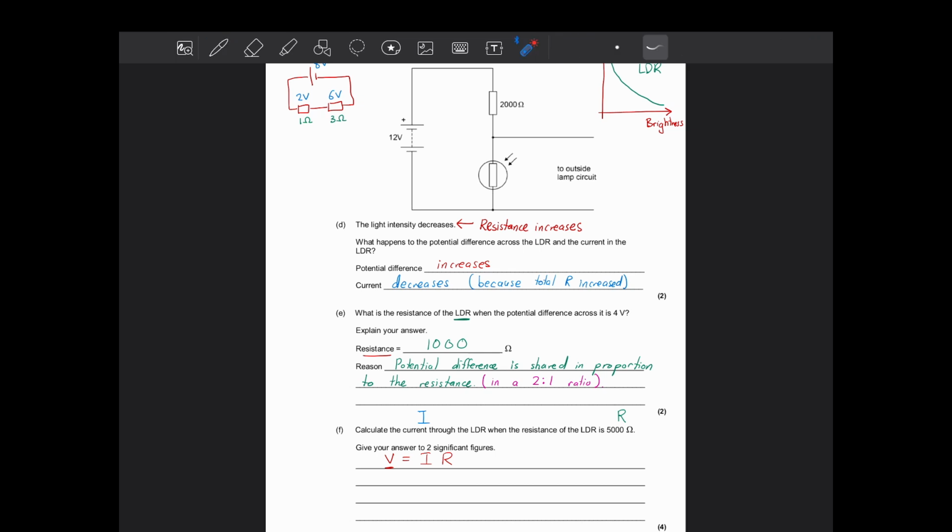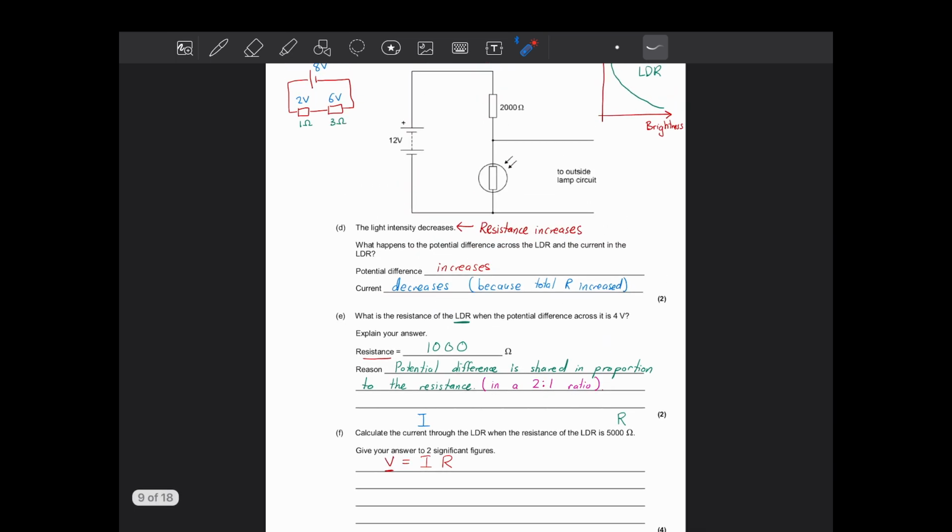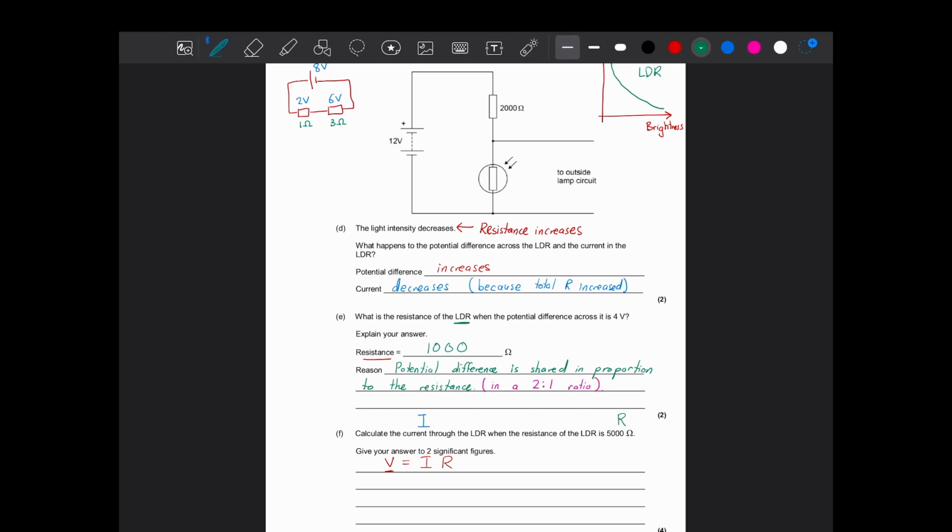The trick is that the current going through the LDR is the same as the current going all the way along the circuit, because this is effectively a series circuit. What we're going to do, knowing that resistance is 5000 ohms over here, is find the total resistance in the circuit.